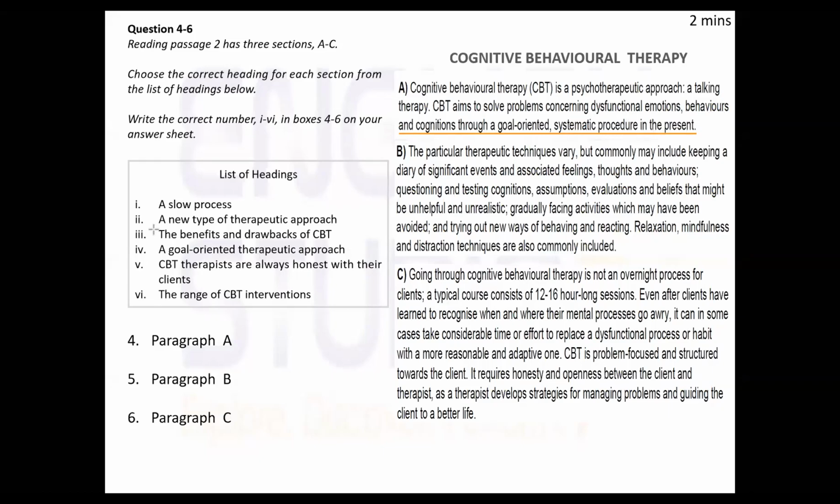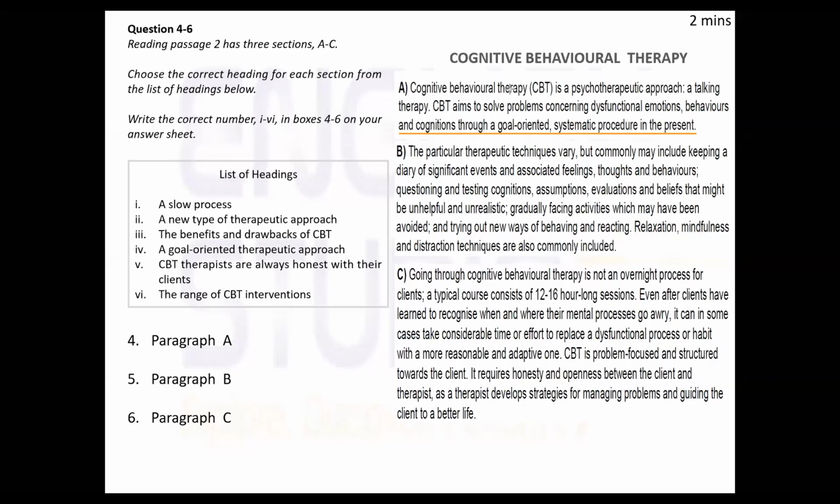Kalau jawaban Miss Astika tadi the benefits and drawbacks of CBT, you have to pay attention. In paragraph A, we are not discussing drawbacks here. So heading number 3 could be an incorrect answer.